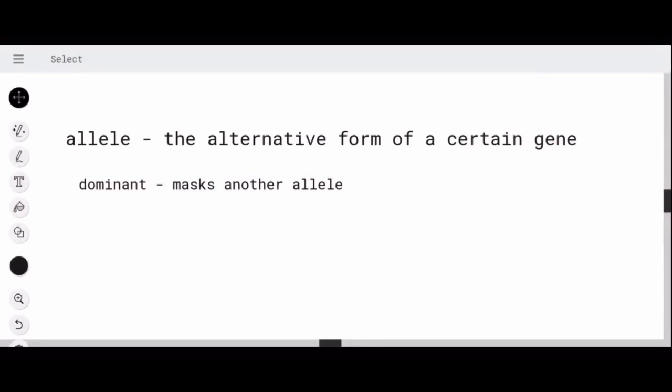It states that the expressed trait is always the dominant allele, meaning if you have brown eyes, it's because you have the dominant allele that makes your eyes brown. There's something called multiple alleles, but I'll explain that later, because what you usually see, like your eyes, is a singular allele.